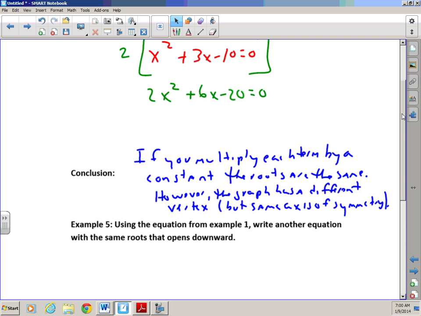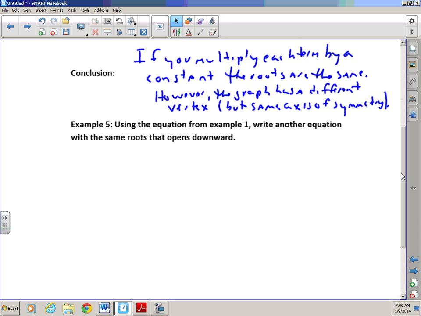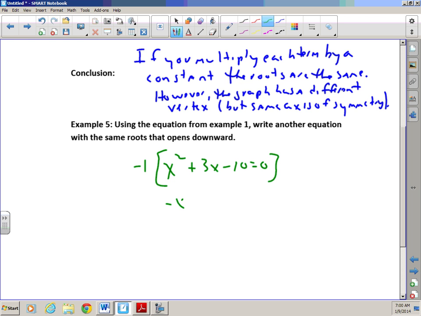Okay, and then number 5, using the same equation from example 1, write another equation with the same roots that opens downward. So what would I simply do here? Multiply it by some negative. Just choose -1. So this is the graph that would open downward.